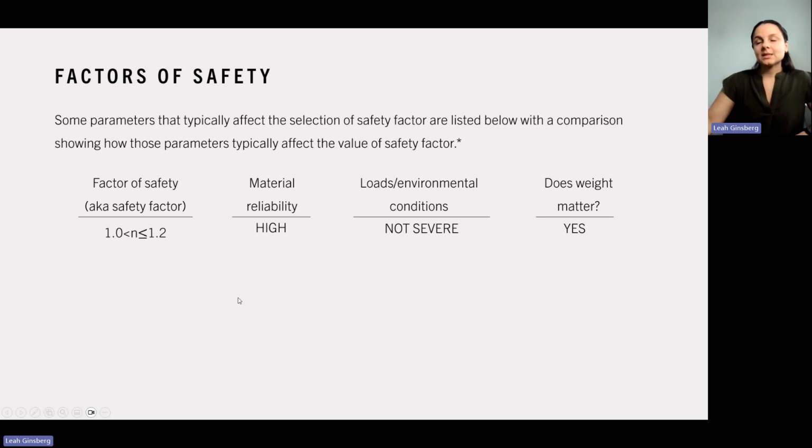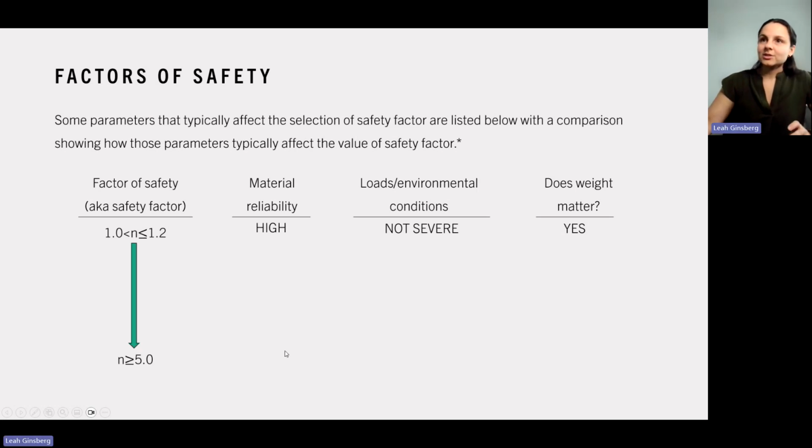So these are things like aerospace applications where having a heavy structure is really not an option. And so what engineers will do is perform a lot of analysis to reduce the uncertainties in the design and have the design still be safe, but with a lower factor of safety because there's a lower range of variability that we can expect.